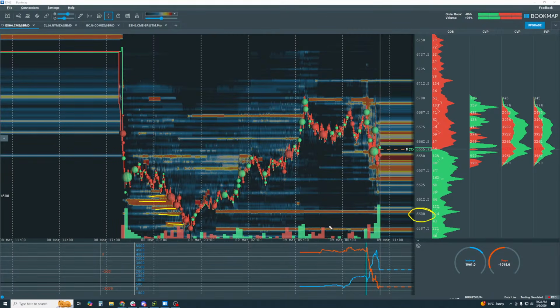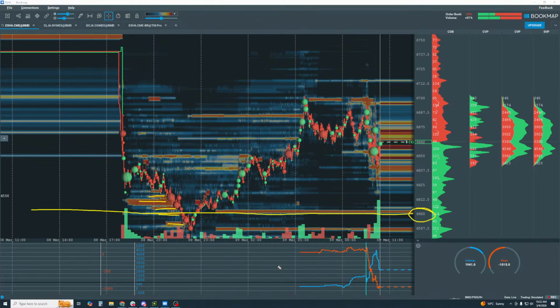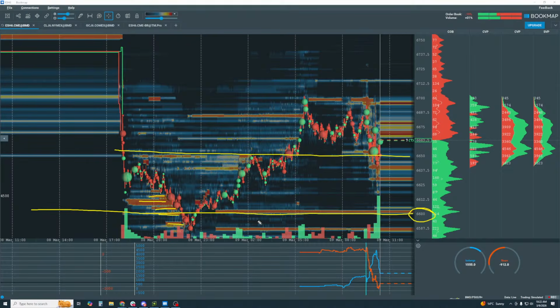Look where they are, below 6,600. Above and below, around that zone, that becomes the key level. So here it is. That's our key level, and it happens to be the big figure there. Here's the half figure, so it is a 50-point move, and we have a zone there.